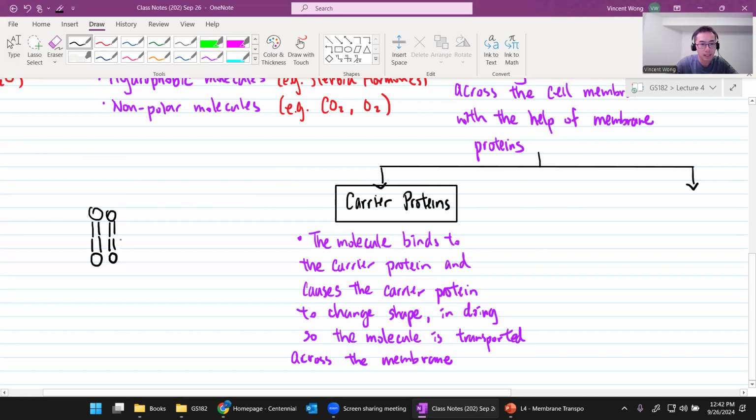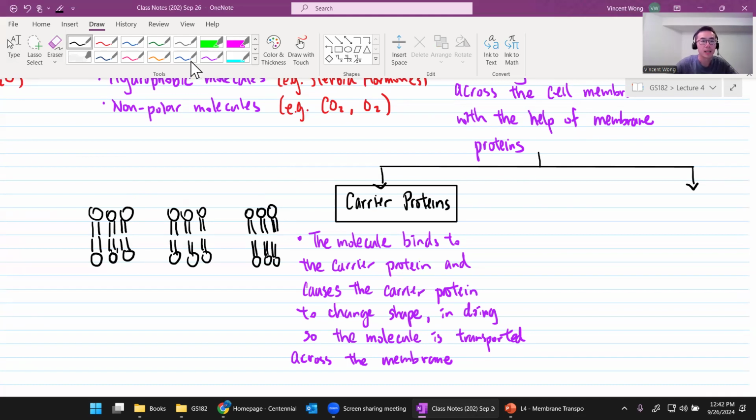Not as big as what we did before. Okay, just like 6 of these things maybe. And then another few here. Okay, so here is the carrier protein. Okay, maybe just watch first. I'll give you some time to copy after.